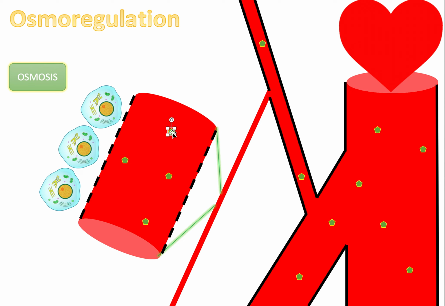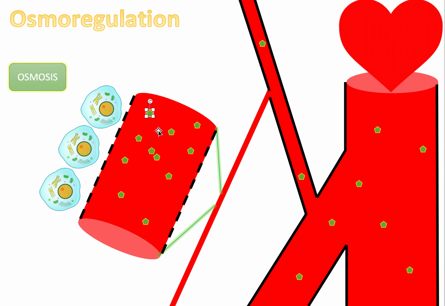But if we have way more ions, say too many ions, like this, we increase it a lot. Now the concentration inside the plasma is increasing so much that the water no longer wants to leave the plasma to go to the cells. Now it's even more concentrated than the cells, and water from the cells will leave the cells and come to the plasma to even out the concentration by osmosis.